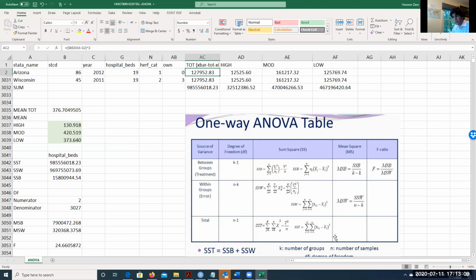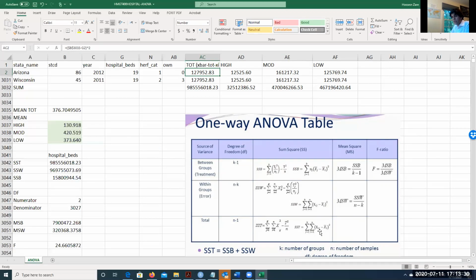Because it's squared, it doesn't matter which one comes first; you can subtract the total from the individual or the individual from the total. The formula says xig minus x bar.